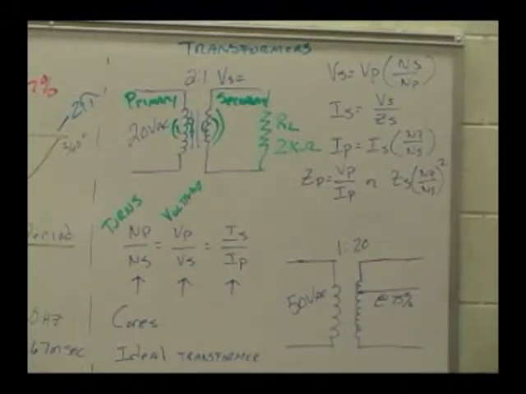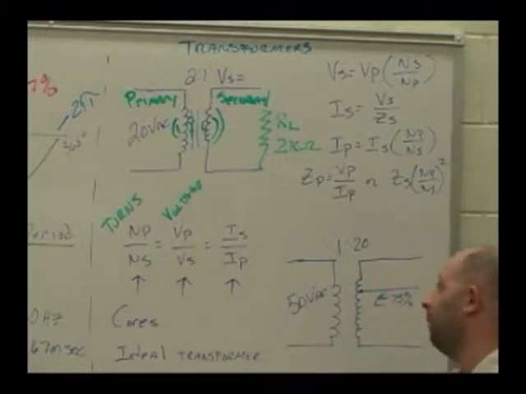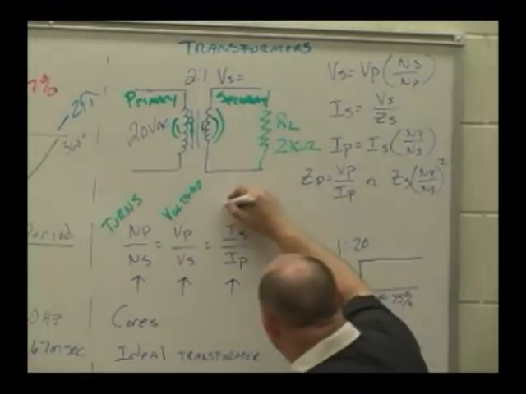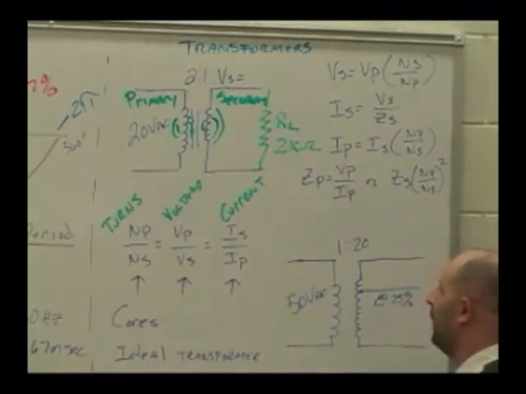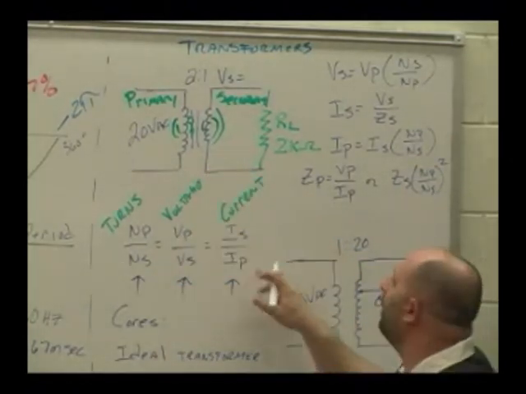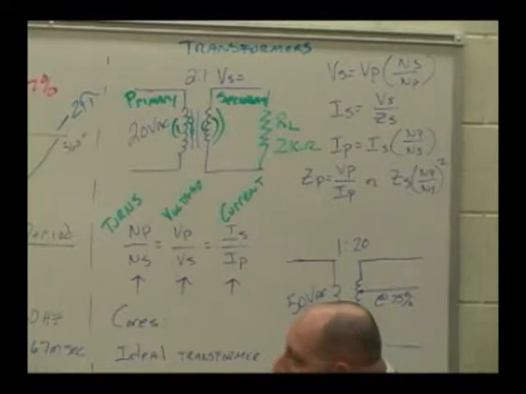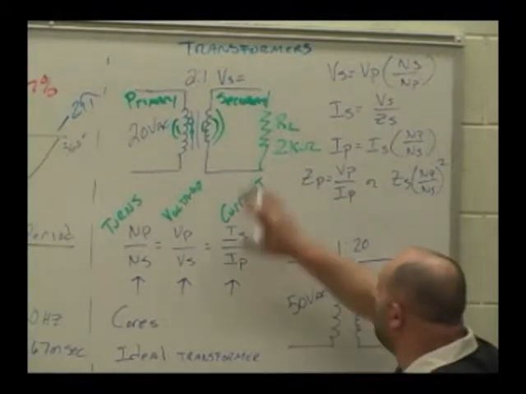Keep it layman like that. So these two are equal. This one, the current ratio, is the opposite. We're going to work out another problem here so you can know it is. So we'll come up and do a problem later.